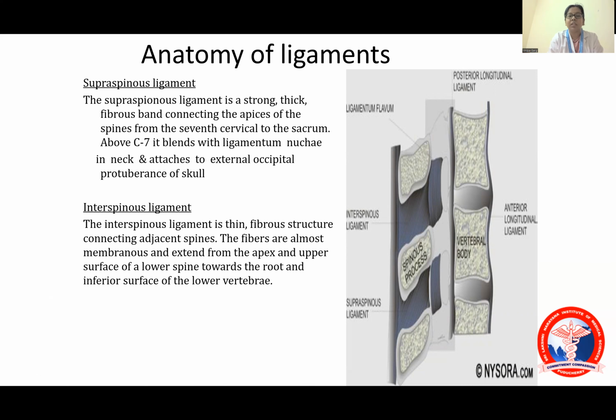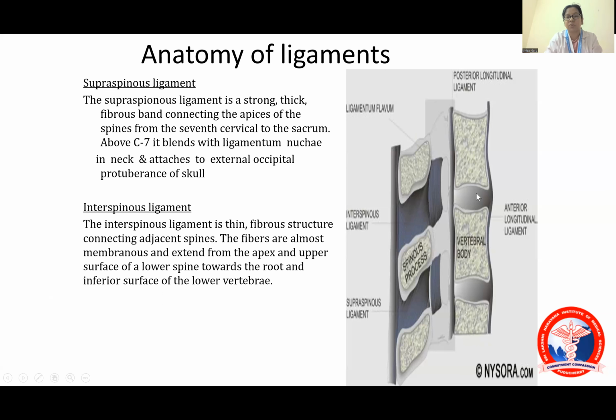Interspinous ligament, as its name suggests, it connects adjacent spines. So this ligament is thin, fibrous, and these fibers are membranous and they extend from apex and upper surface of the lower spine towards the root and inferior surface of the lower vertebrae.